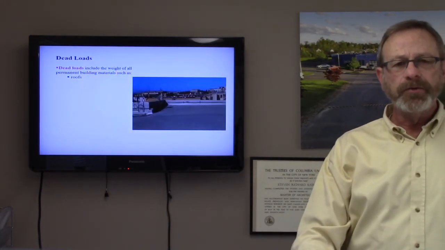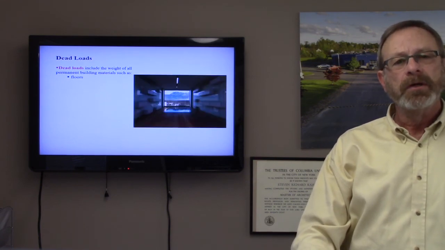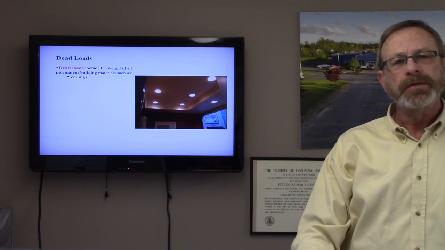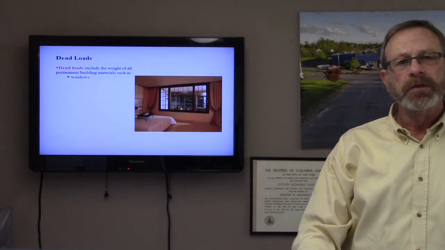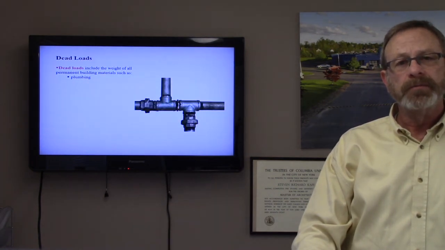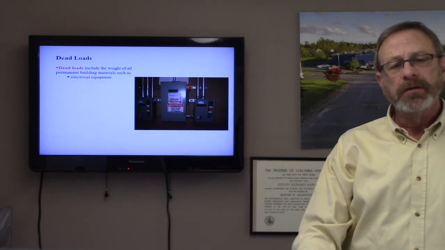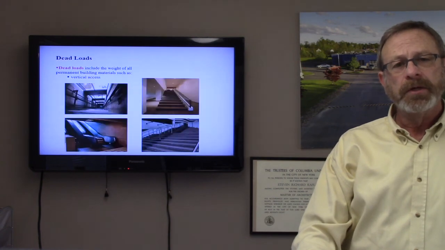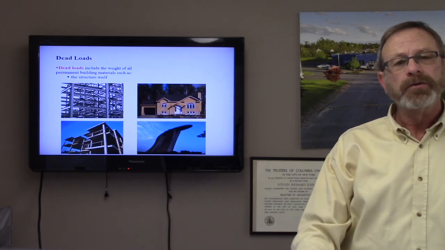So dead loads include the weight of all the permanent building materials, such as roofs, floors, ceilings, doors, walls, windows, skylights, plumbing, heating, ventilation, and air conditioning, referred to as HVAC, electrical equipment, vertical access equipment, stairs, elevators, escalators, the structure itself.